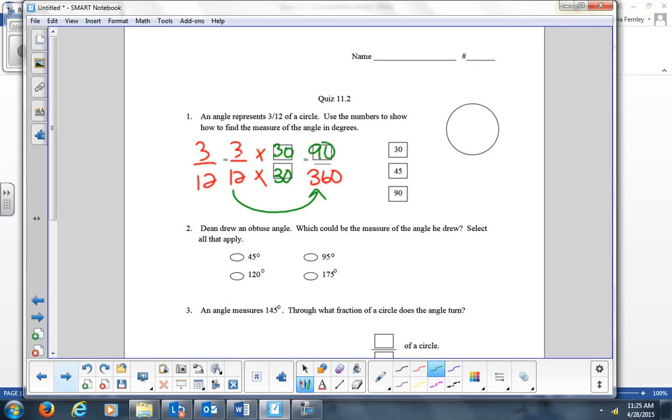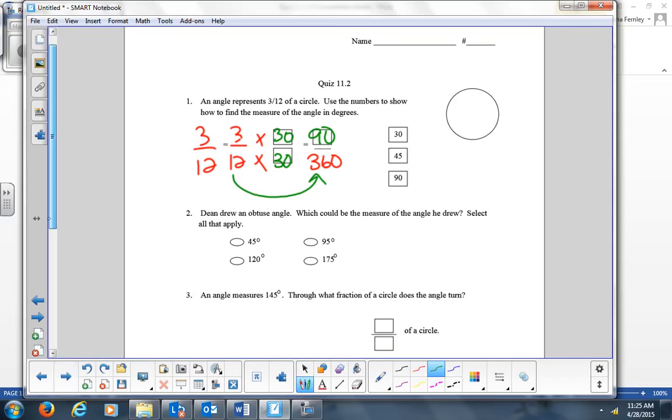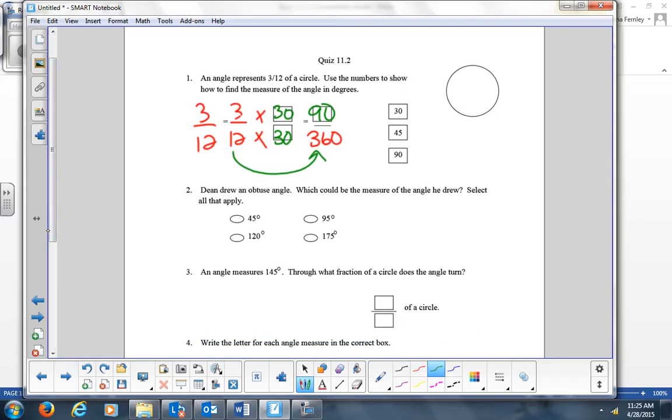Those were your answers, in the first 2 boxes. Right, 90 degrees. That's this right here. This is degrees. Anything over 360 is degrees.